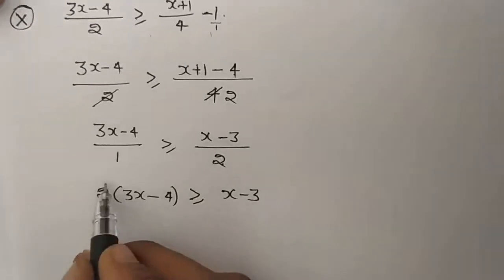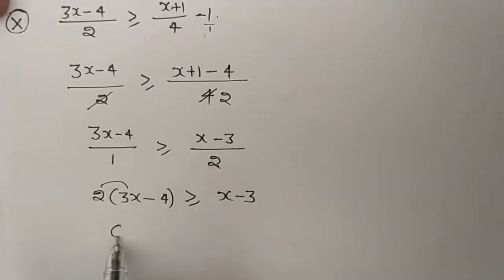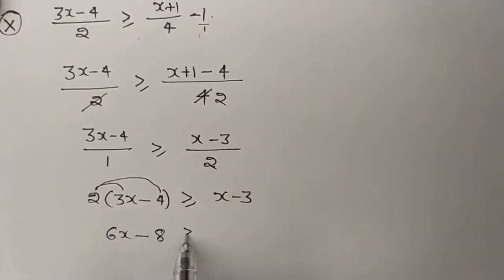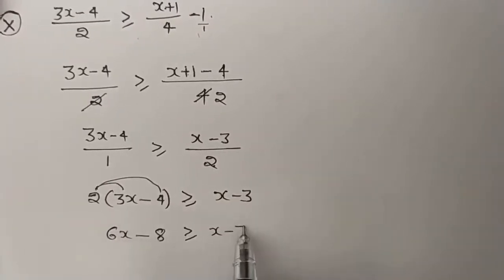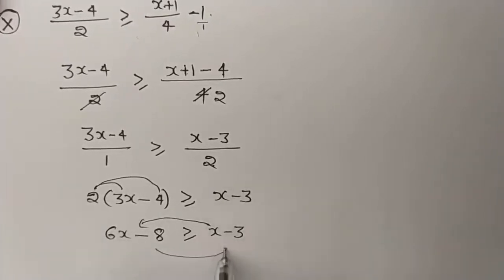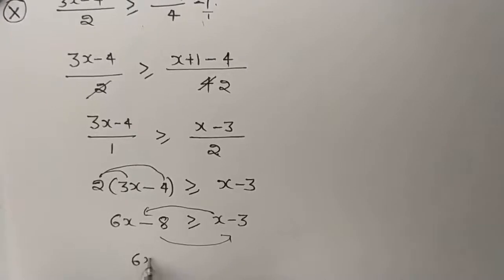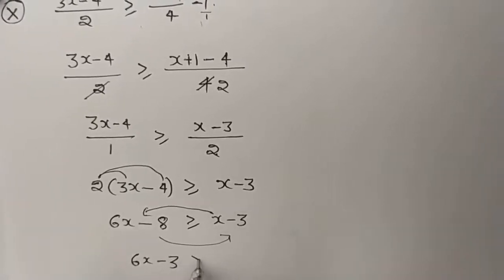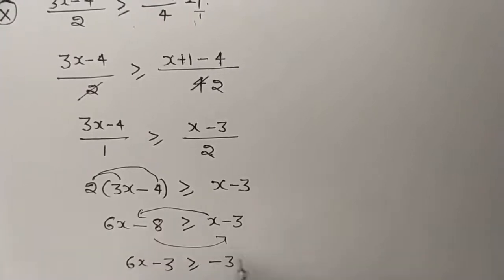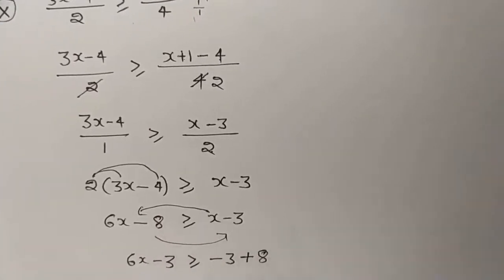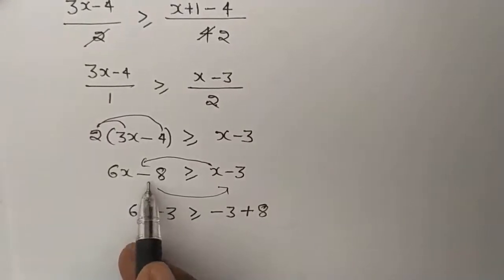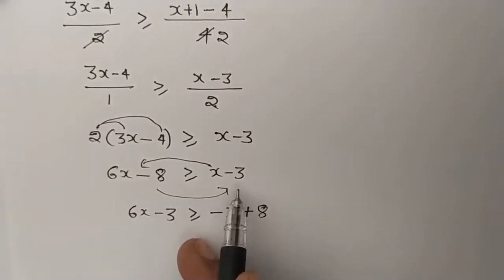Now multiply this 2 inside the brackets. 2 into 3 is 6x, minus 2 into 4 is minus 8, is greater than or equal to x minus 3. Now take this x to the left, send this minus 8 to the right. 6x minus x is greater than or equal to minus 3. We are sending this minus 8 to the right, then it will be plus 8.